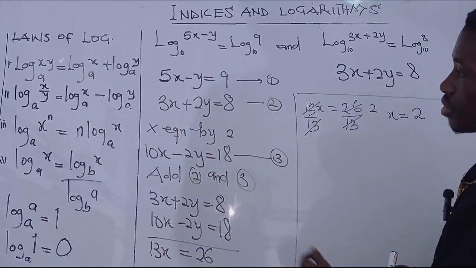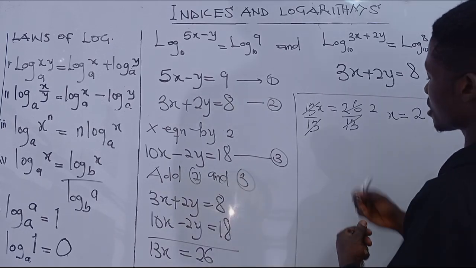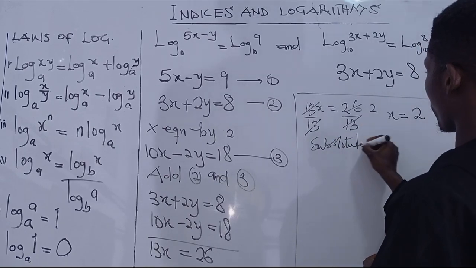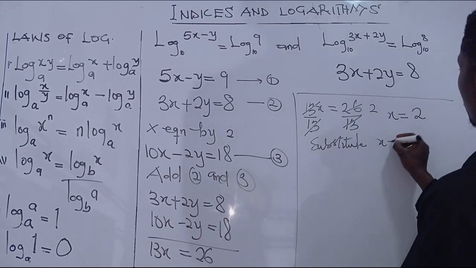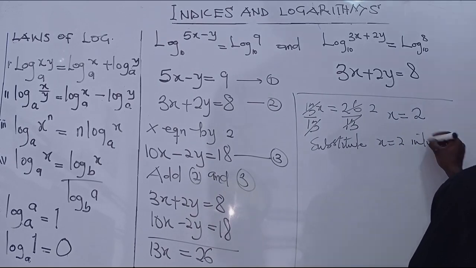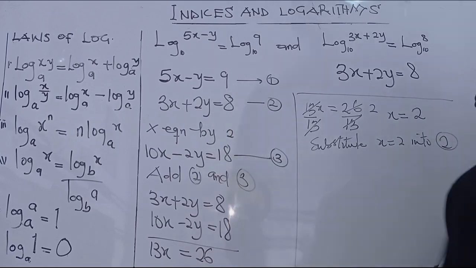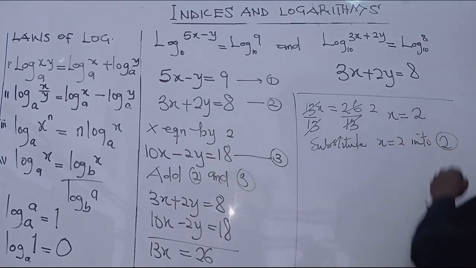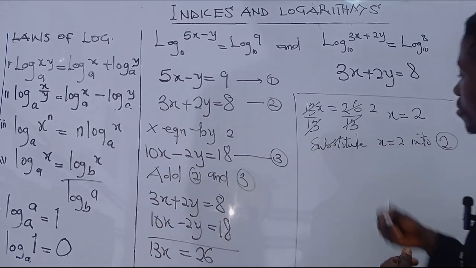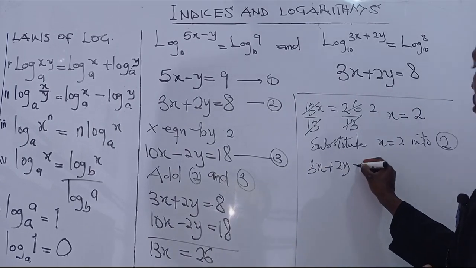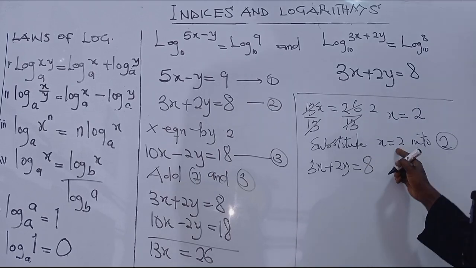Now let's look for the value of y. So let's substitute x is equal to 2 into equation 2. Equation 2 we have 3x plus 2y is equal to 8, and x is equal to 2.